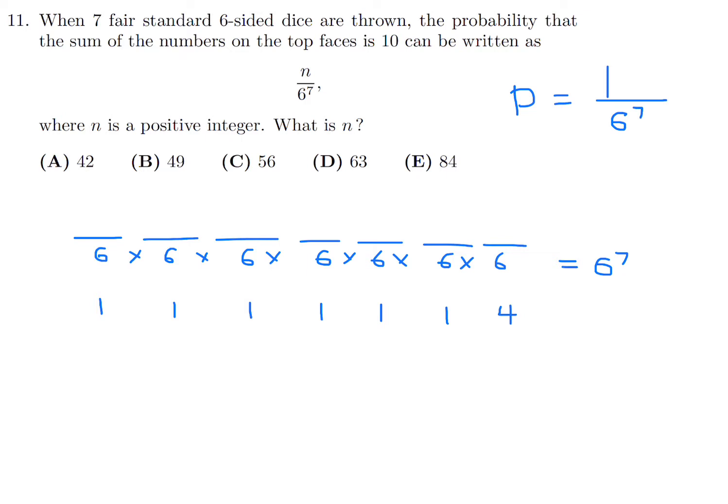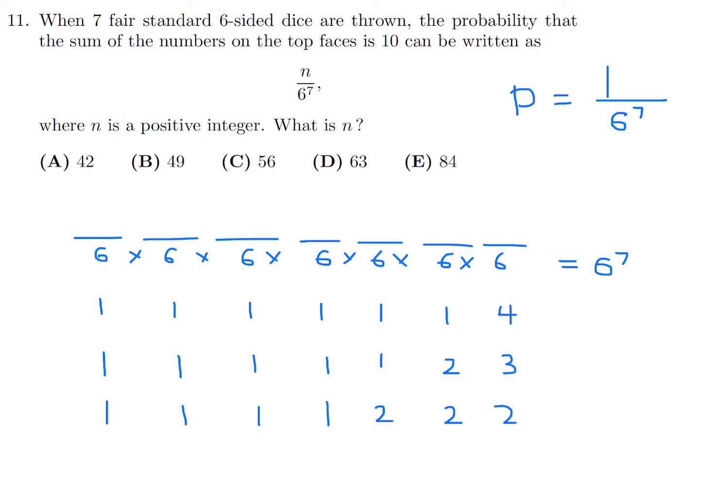Another way is if you had 5 ones, and then you had a 2 and a 3. Not particularly in that order, but that's one possible way. Or if you had 4 ones, and then you have 2, 2, 2. I believe that would do it also. Yeah, so these are the scenarios.